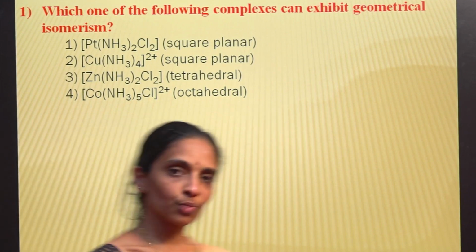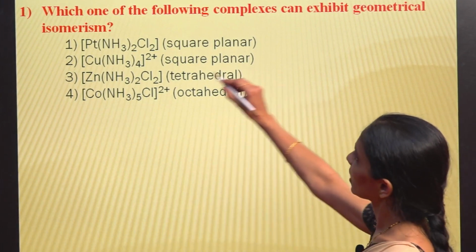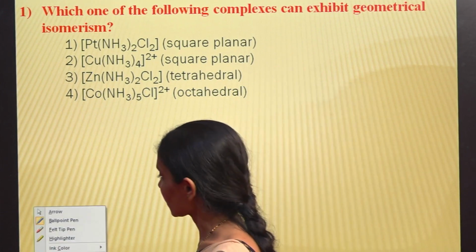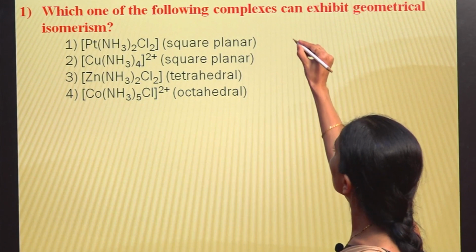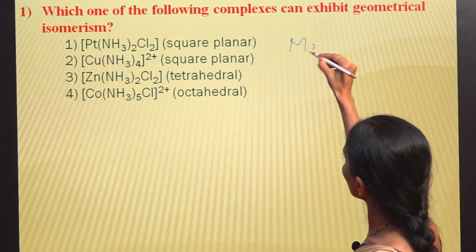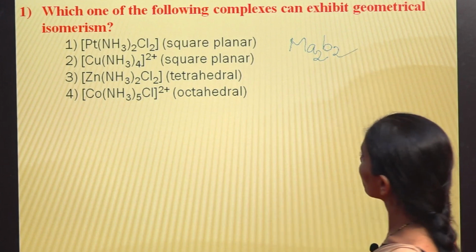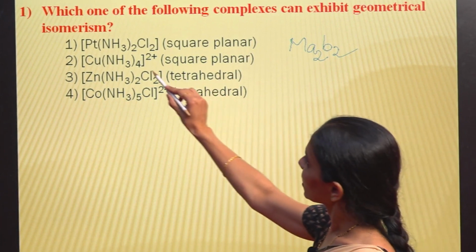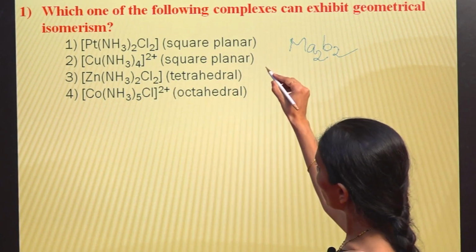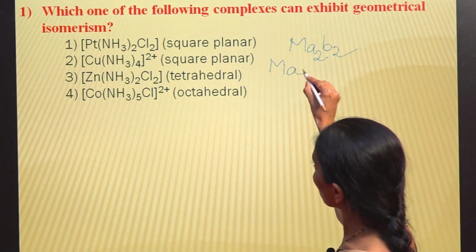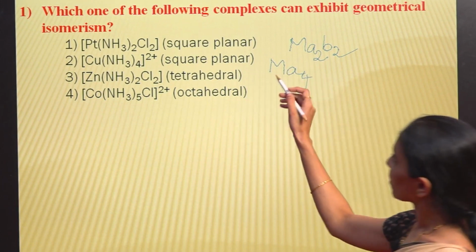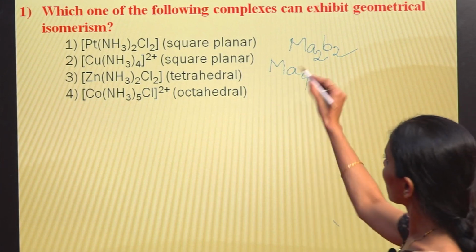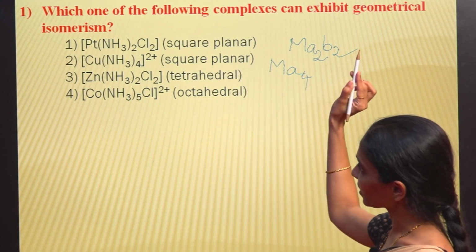If you look at the answer options given, the very first complex is of the form Ma2B2, and it is a square planar complex. The second complex is of the form Ma4, where of course M stands for the metal and A for the ligand, and this is also a square planar complex.